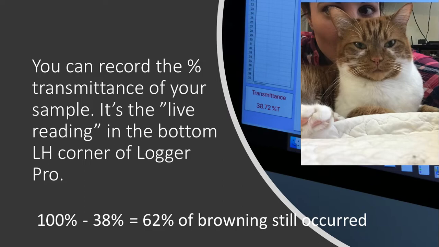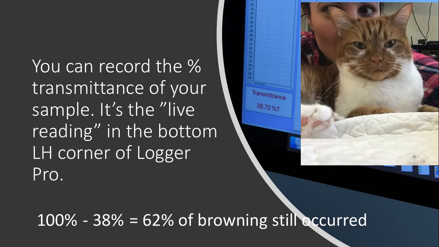What's really important to remember is that you want to describe it correctly. You want to make sure that you know what that 38% means. So if your graph is how much transmittance occurs, then you'll want to use the transmittance numbers, that 38%. So you want to make sure that you know that it's still turning brown. Okay?